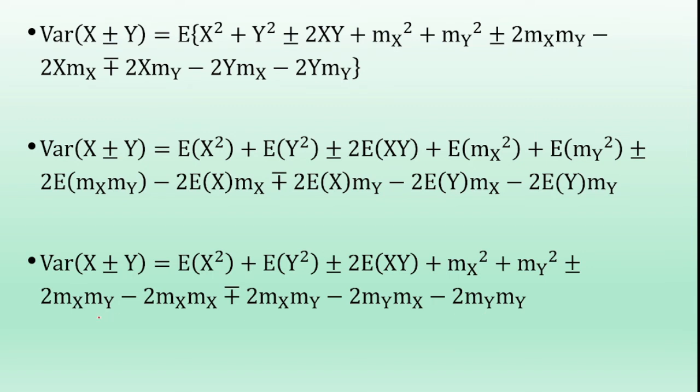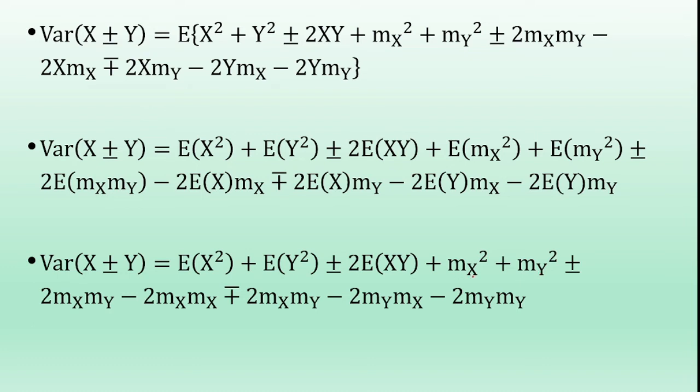Now here, plus or minus 2 mx my minus or plus 2 mx my cancels. So minus 2 mx into mx square, my into my square: minus 2 mx square plus mx square is minus mx square, minus 2 my square plus my square is minus my square.